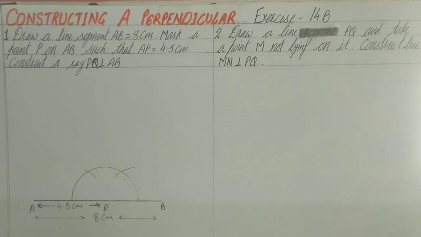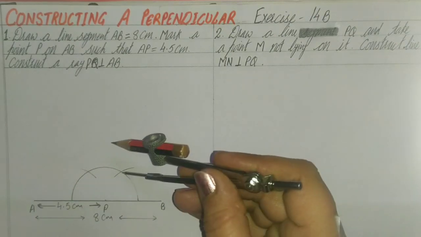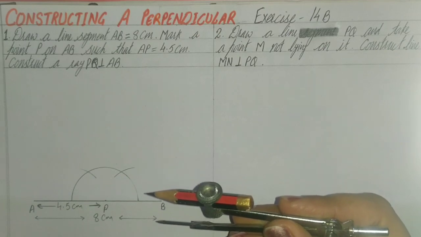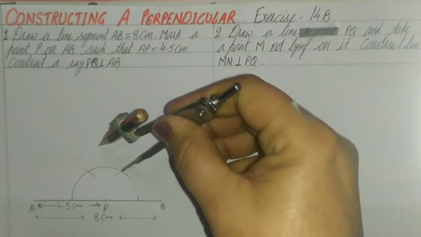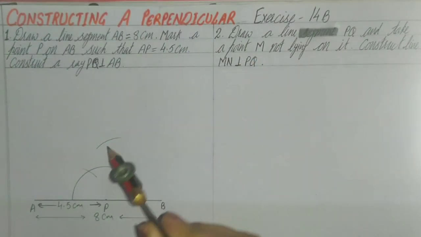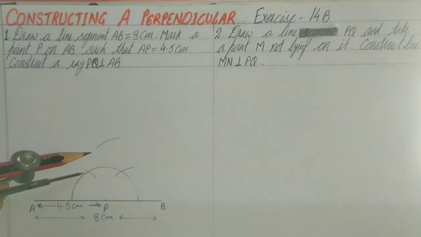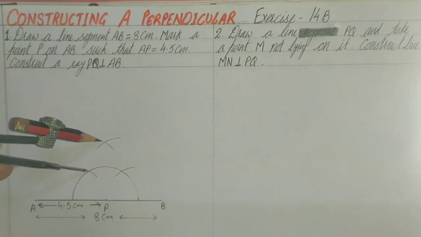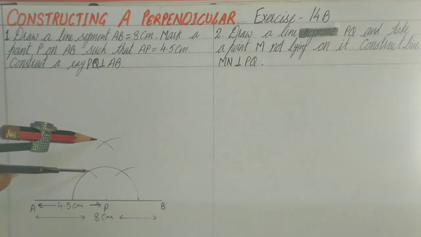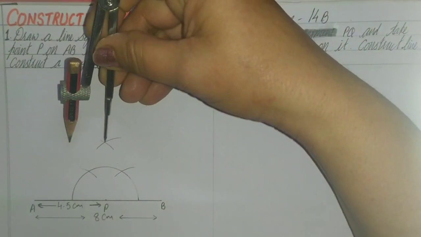Now we have 2 points over here. One by one we'll put the pin of our compass on these 2 points and mark 2 arcs which will intersect each other at a point. So this is the point of intersection of these 2 arcs.